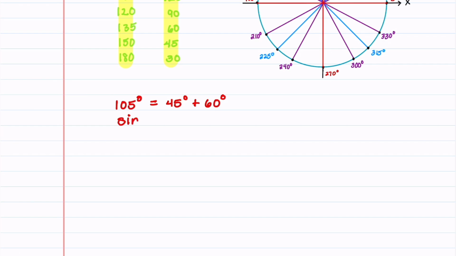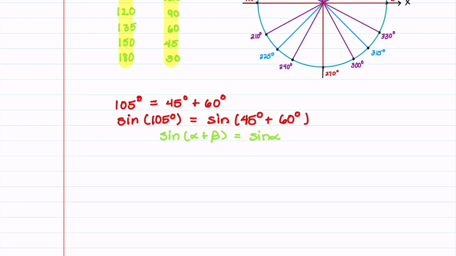The sine of 105 degrees is then equal to the sine of 45 degrees plus 60 degrees. Our sum identity is sine of alpha plus beta is equal to sine alpha cosine beta. See how the terms are different? And then the sign stays the same, so it's plus cosine alpha sine beta.